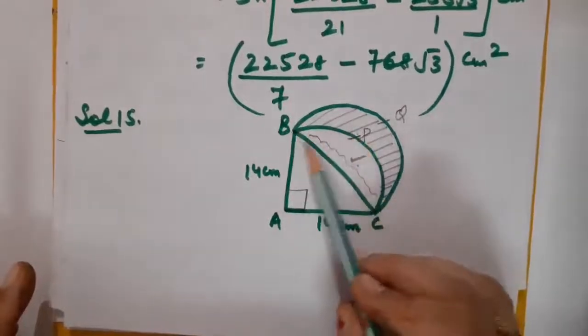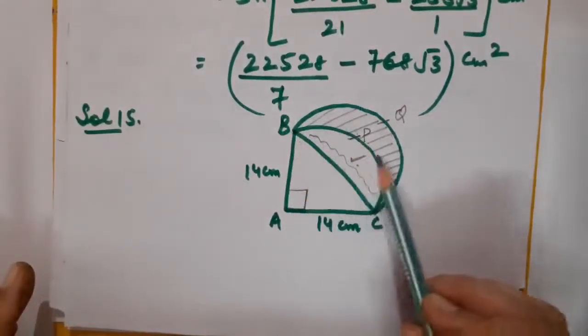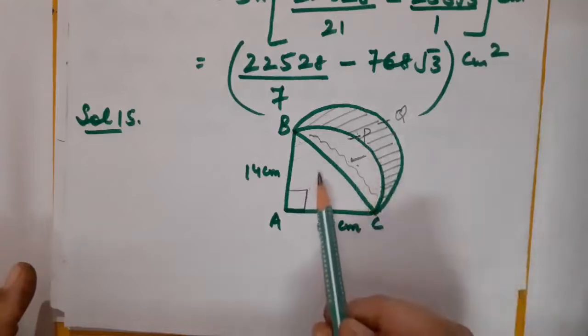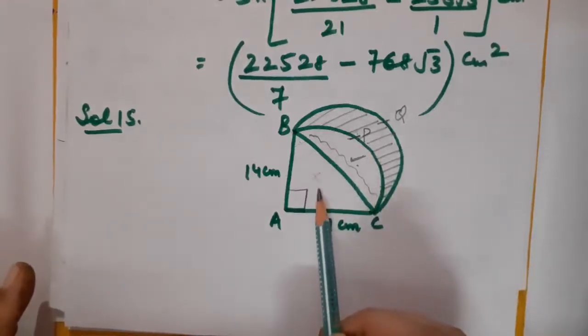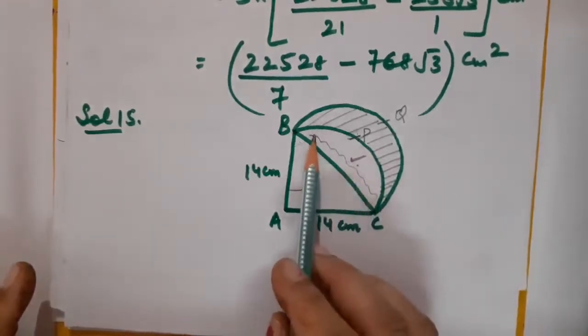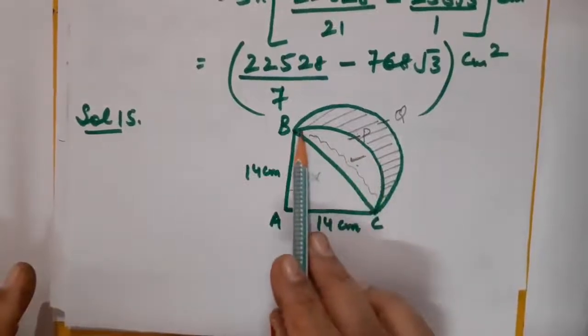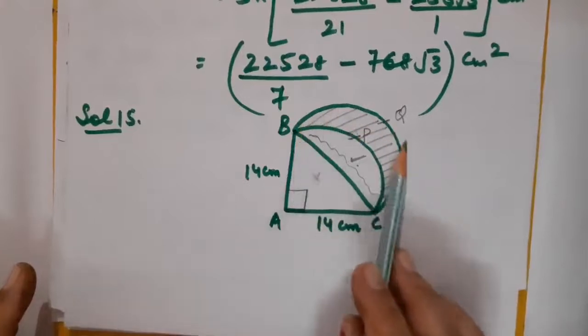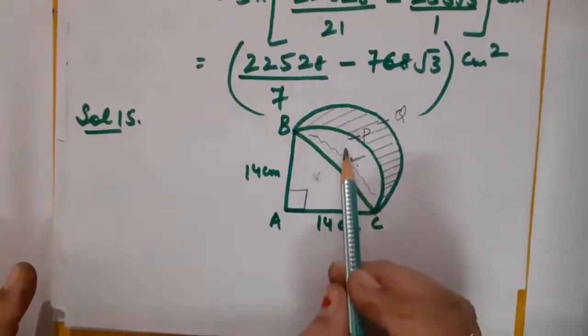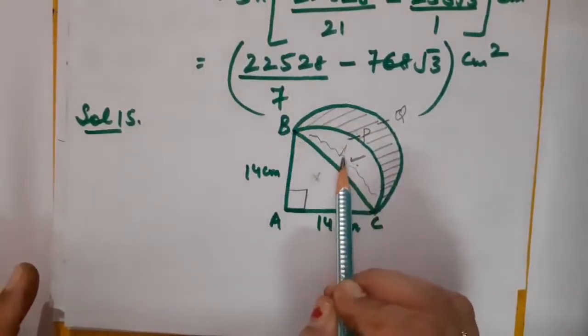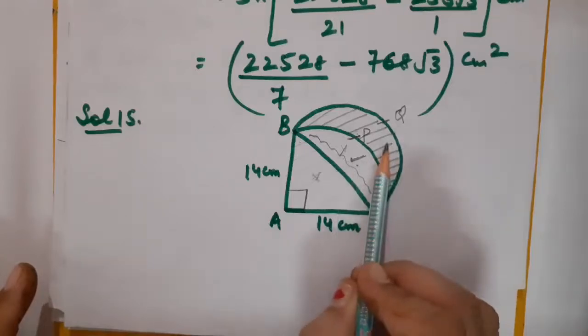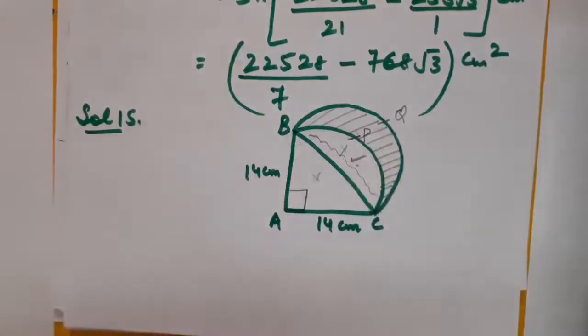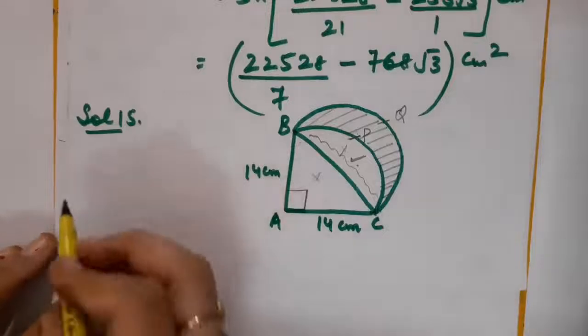If I calculate this complete sector's area and subtract the area of the triangle from there, I will get the area of this segment, that is BPCB. Then I will calculate the area of the semicircle and subtract the area of the segment from it to find the area of the shaded region. Got it? So let us start calculating.